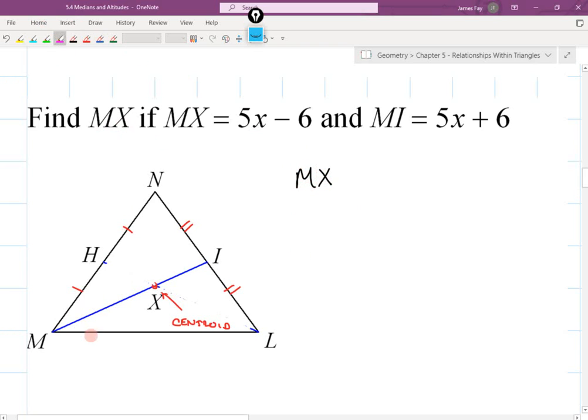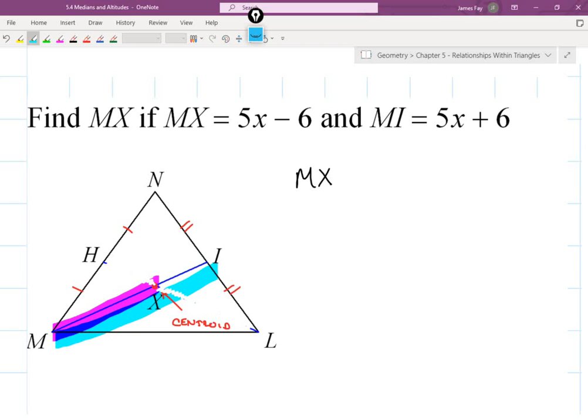And I asked myself, okay, so I'm going to highlight MX. And I want to know, how does MX compare to the other segments that are the median or parts of the median? Okay? So I'm dealing with MX and I'm also dealing with MI. That's the other part that I'm dealing with. So I highlight that. And what it tells me is that I'm comparing the entire median, which is the blue segment there, to the part of the median that starts at the vertex and goes to the centroid.